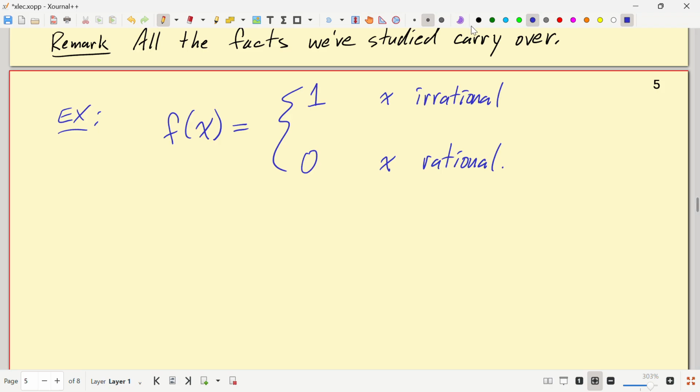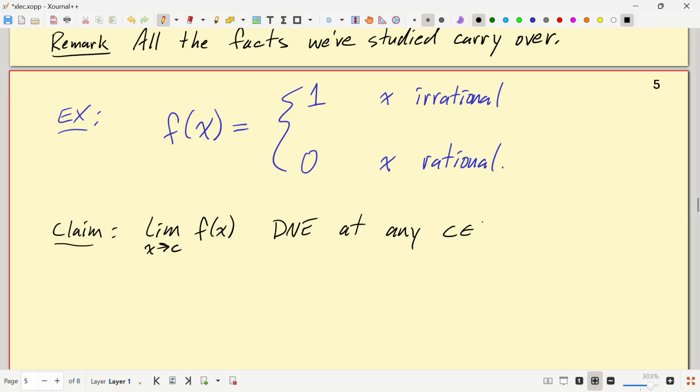So I claim here the limit as x goes to c of f of x does not exist at any c. Okay. How would I demonstrate that with what we've done today?